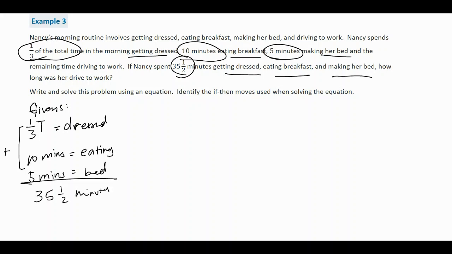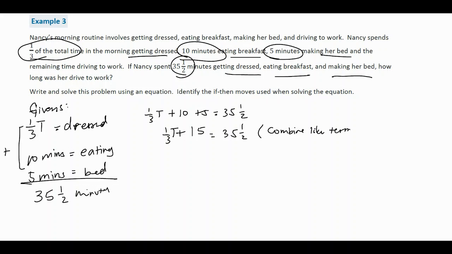All right, so we're going to write the equation as 1/3 T plus 10 plus 5 is equal to 35.5. So 1/3 T plus, what is 10 plus 5? That is 15. All right, that is combining like terms. Next, we remove the 15 by using SPE, right?